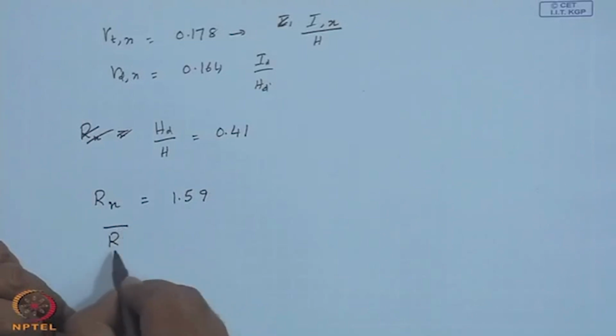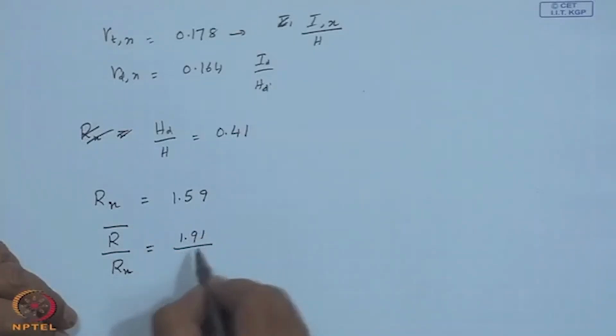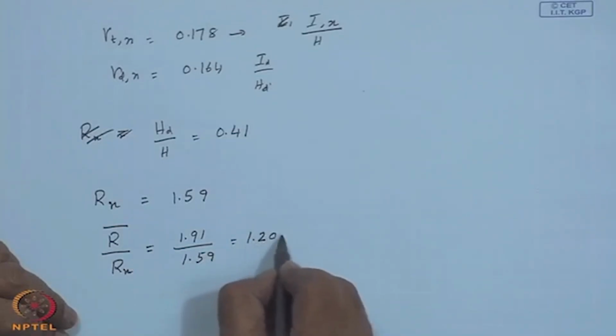So, R bar upon Rn is 1.91 by 1.59, which is about 1.20.